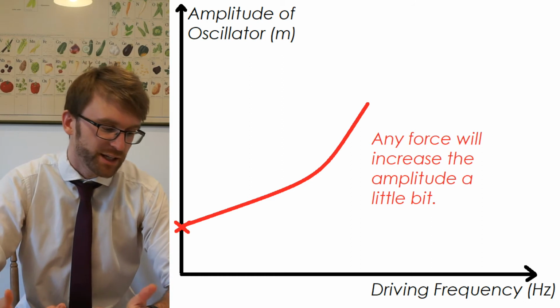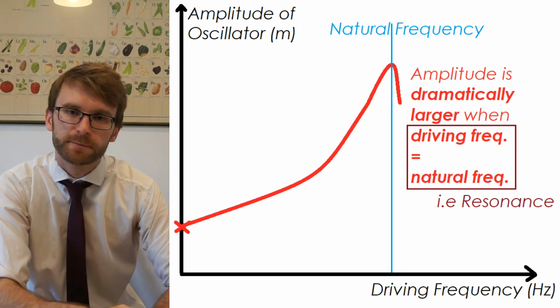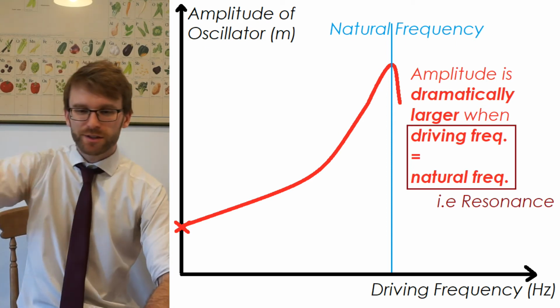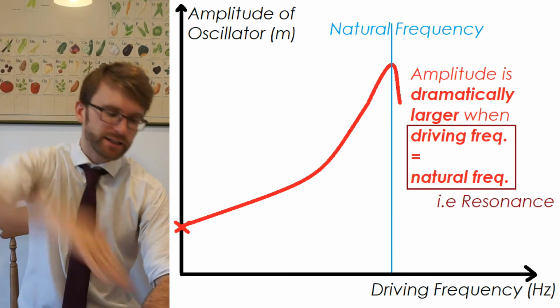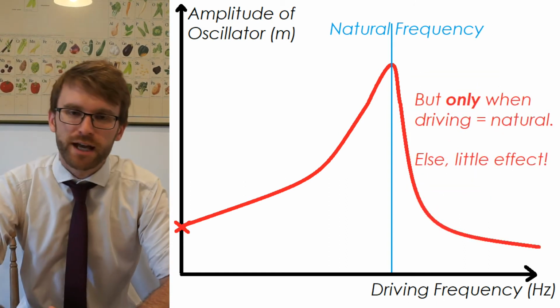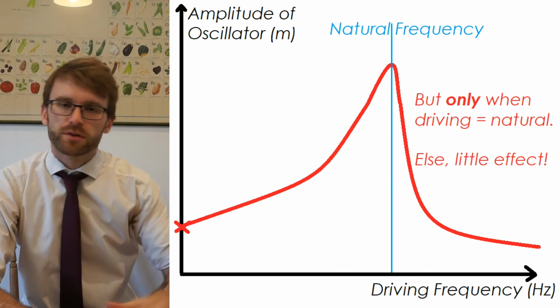And what you would see is that if I force my oscillator with a driving frequency the same as its natural frequency, we get a massive, massive increase in amplitude. It's not just a little bit, it's a huge peak. And then when I stop matching the driving frequency again, when it gets too fast, then it just goes back to normal again, or it stops oscillating altogether.